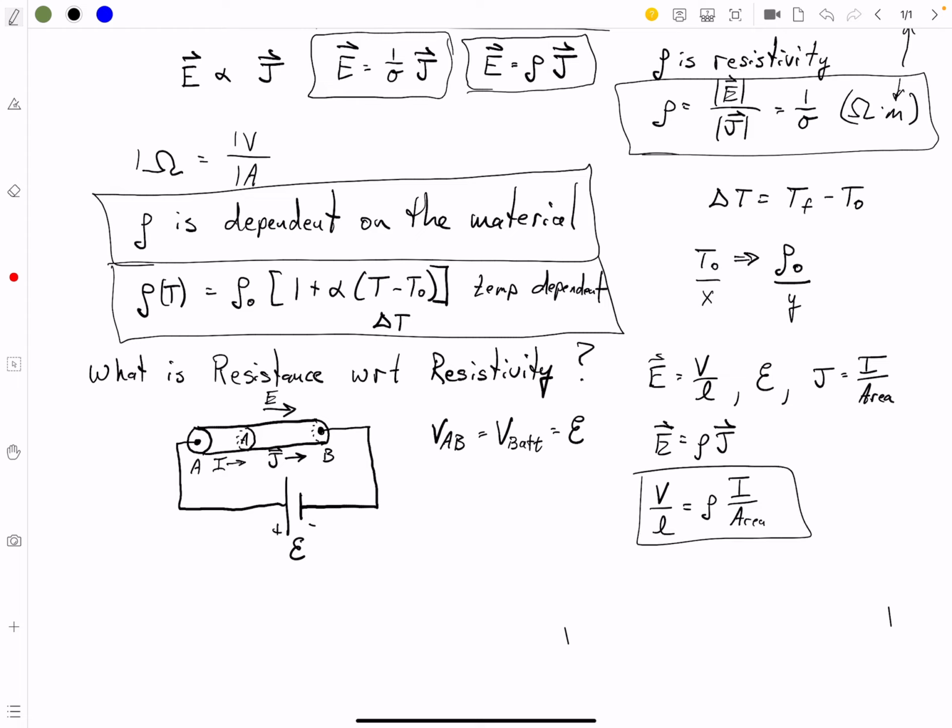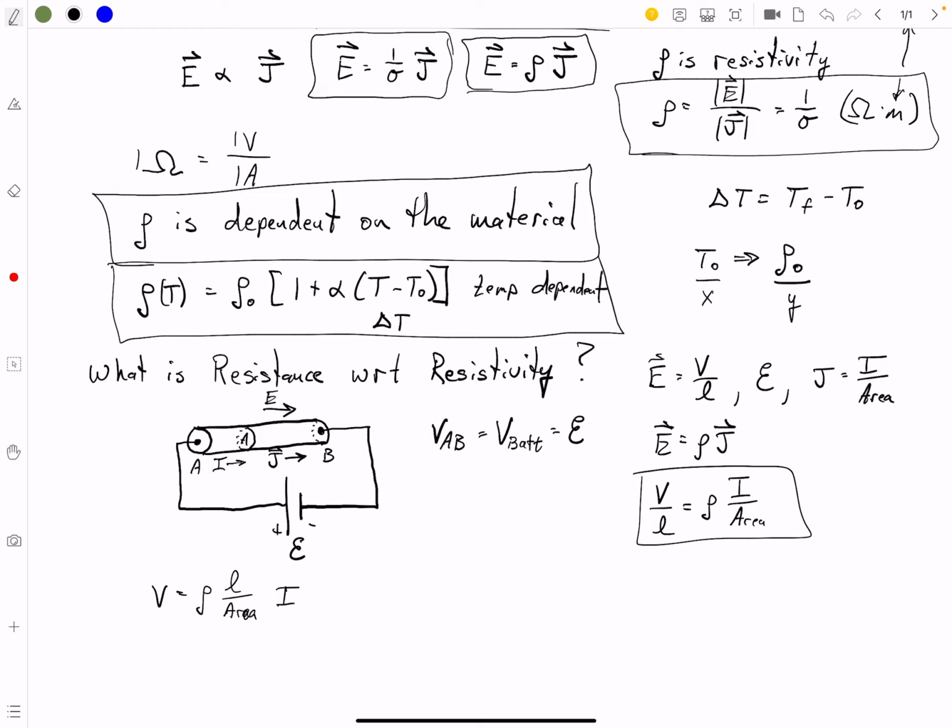Okay, so we've done this. Now we can rearrange that a little bit. V equals rho times L over the area times I. Well, does this look like something? It looks like something. It looks like Ohm's law.